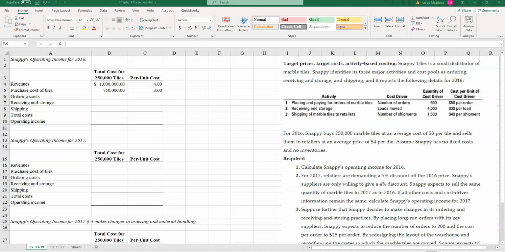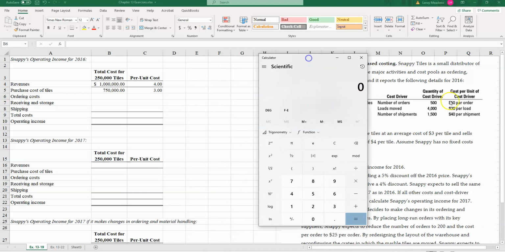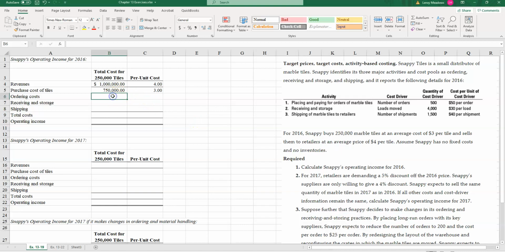So I want to take the quantity of the cost driver, 500 orders, and multiply that by the cost per unit of the cost driver, or how much it's going to cost me per order. My total cost for ordering is going to be $25,000. So I'm going to plug that right in here.